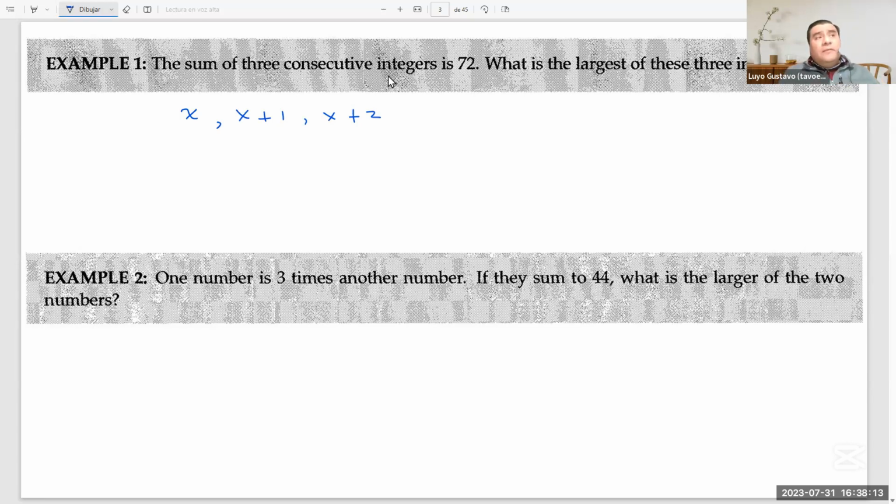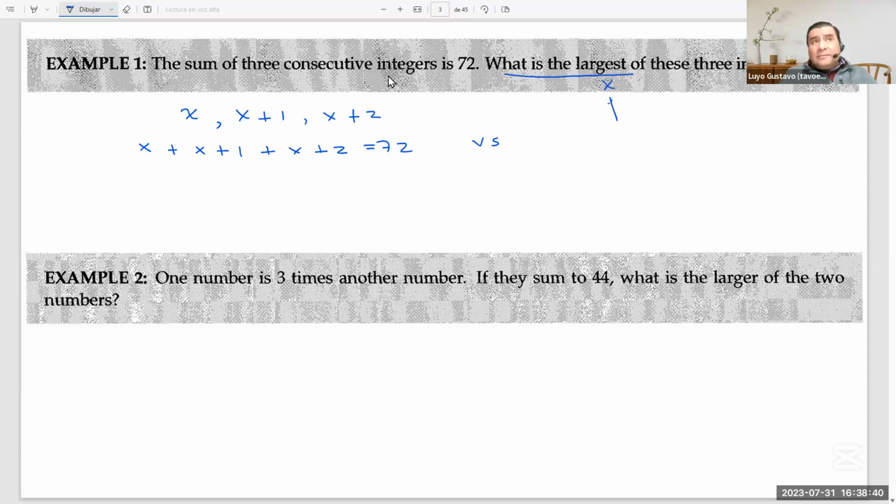It is true that if we propose an equation such as this, the sum of these three equals 72, we can find x and then find the answer. But what if instead we follow this approach? Since we want to find the largest of the integers, then let's define the largest as x.